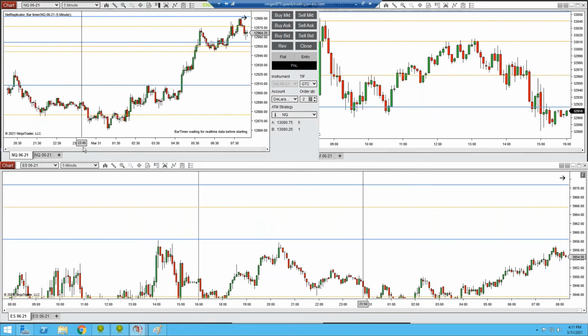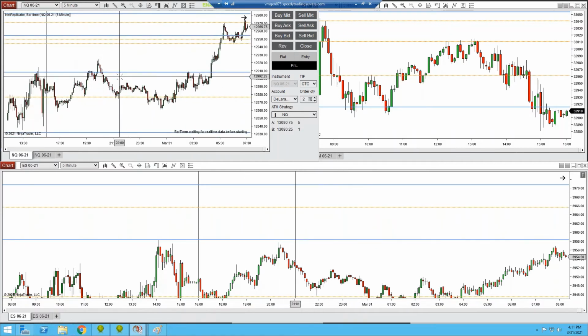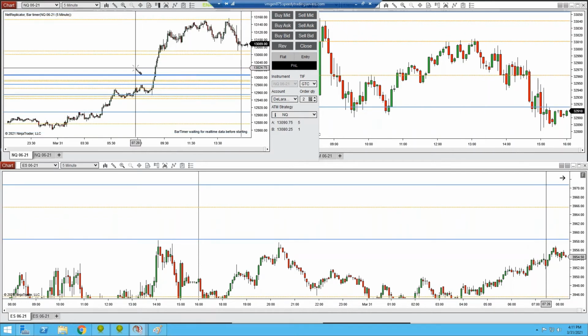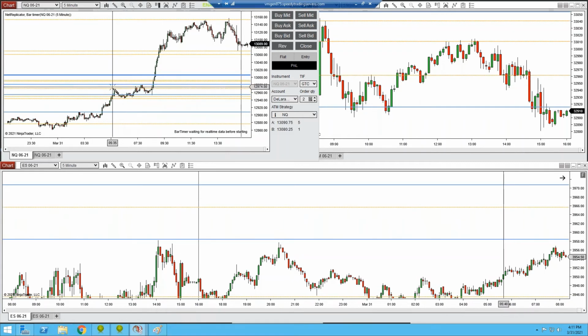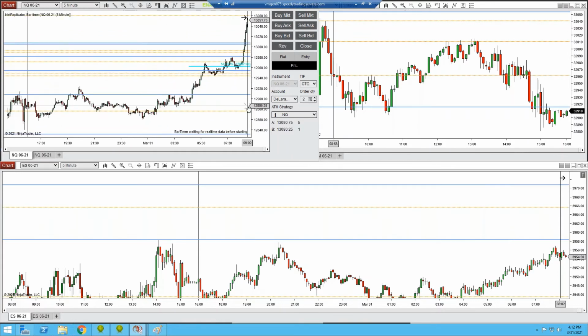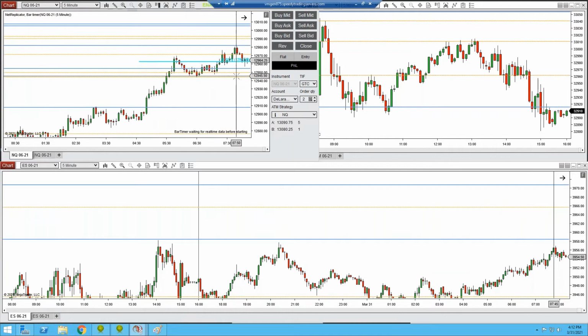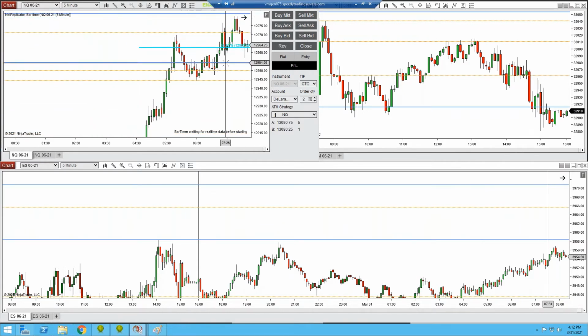And on NQ, let me do this a little more. We came up, came down, had support on here, broke this CP and haven't retested it, but we were holding these KPs. So my thinking was that in the morning, when we came in here, we would probably hold this CP.